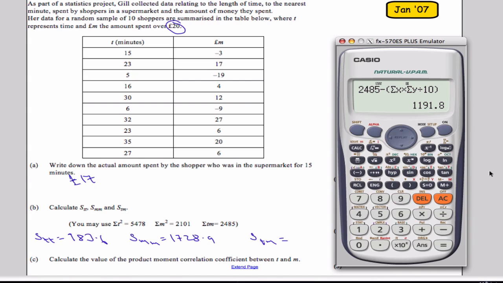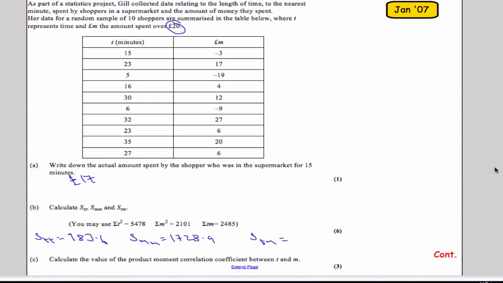And that gives me 1191.8. And then we're asked to calculate the PMCC.